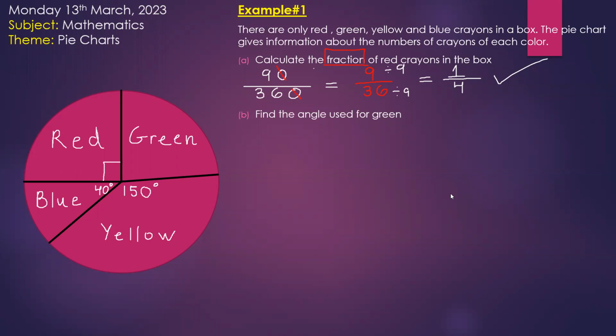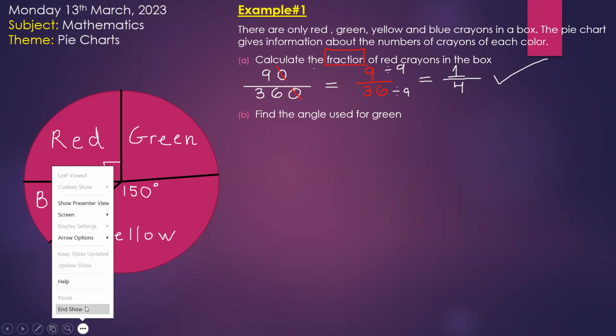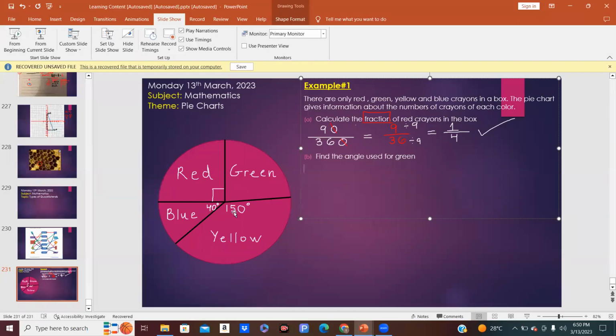All right, so how do we figure out the angle used for green? Any ideas? Add 90 plus 40 plus 150, then subtract it from 360. Very good. Which is 280. 360 take away 280. The idea is that the whole thing adds up to 360 degrees.